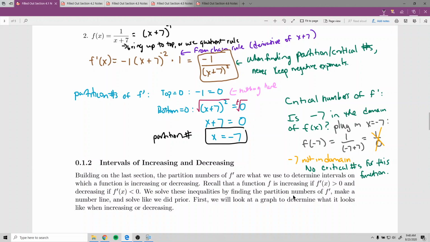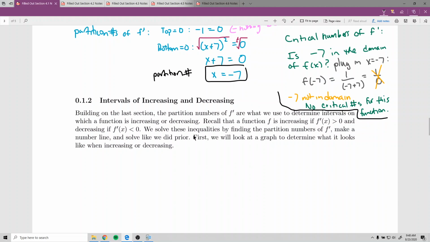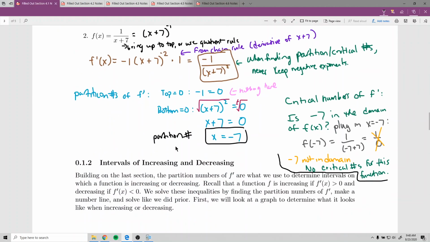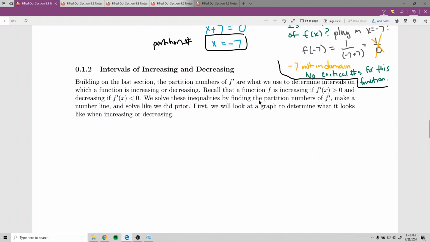So the second step to that process is figuring out the intervals where the function is increasing and decreasing. The partition numbers of your derivative, for the previous one negative 7, for the first one 3 and negative 3, are what we use to determine the intervals on which a function is increasing or decreasing.